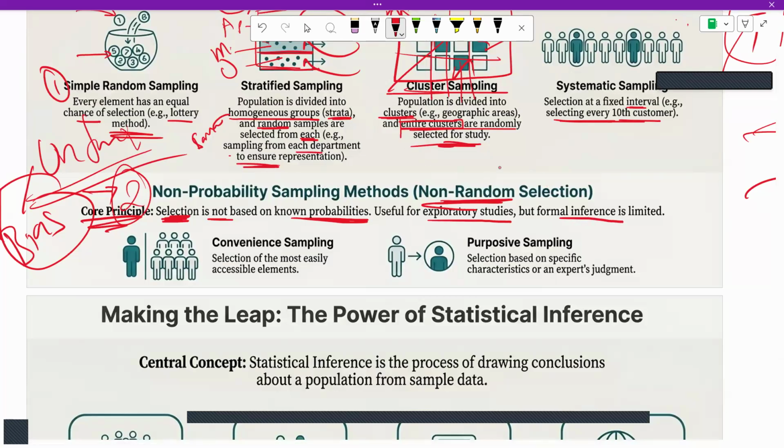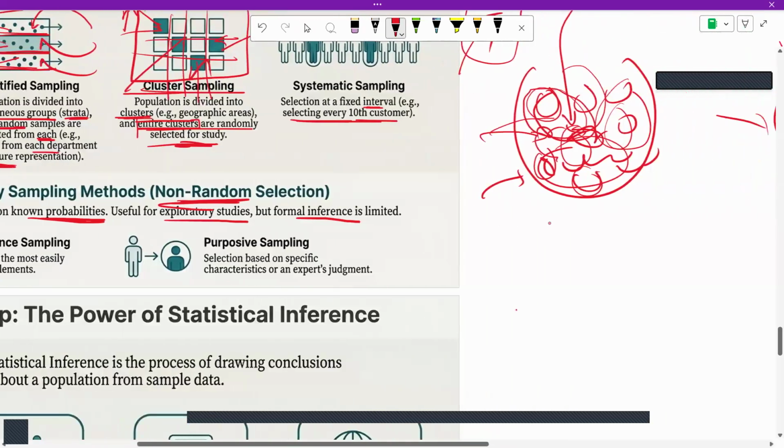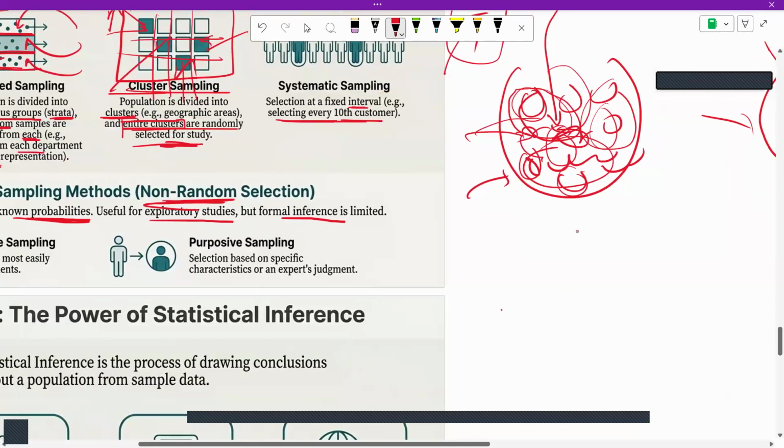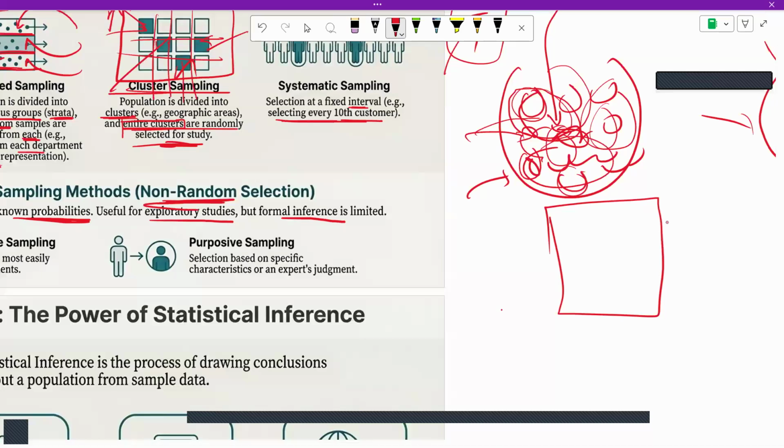For example, for a national competition, we need to send some students from our faculty to a national competition like football, an inter-university football competition. We cannot randomly choose students from our faculty.